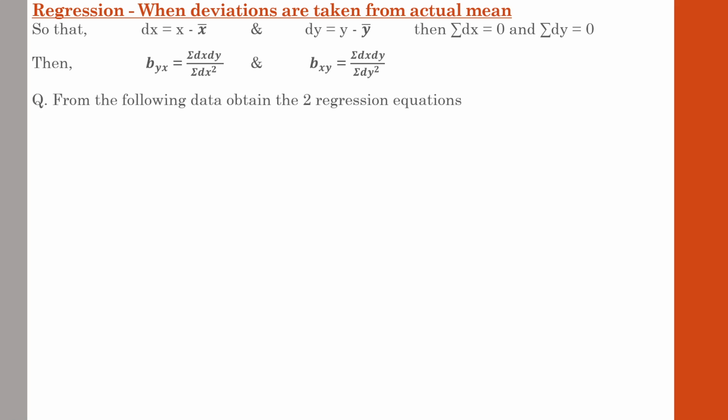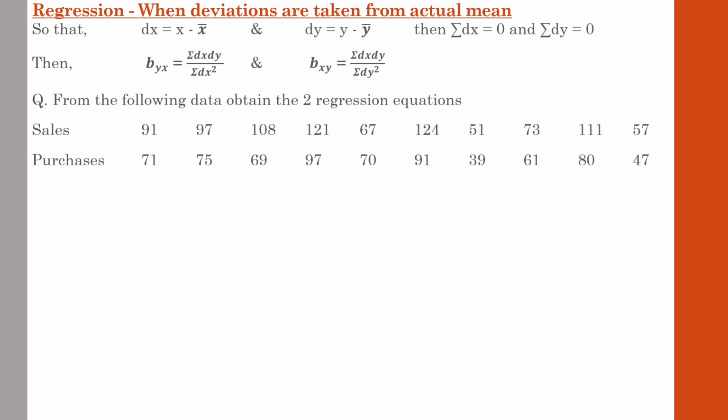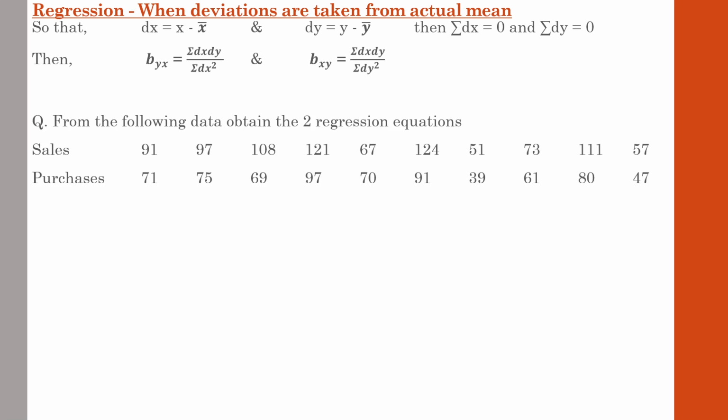From the following details obtained from two regression equations, sales is given, purchase is given. Let us note down the details regarding sales and purchases in a table.